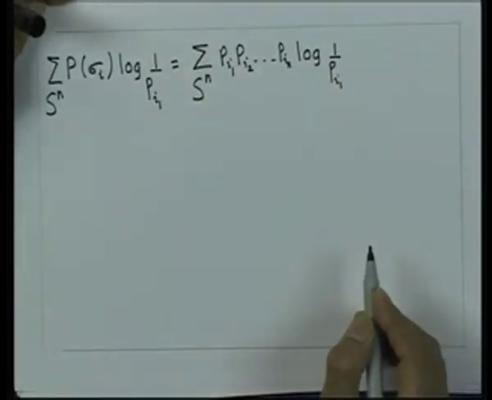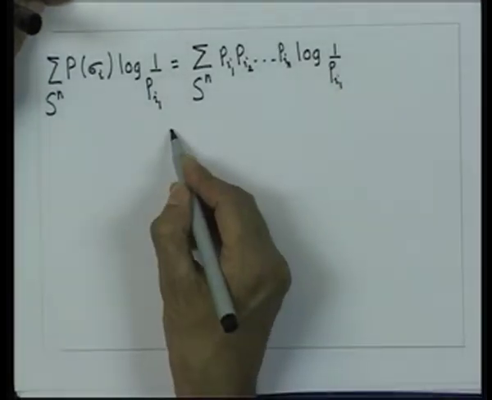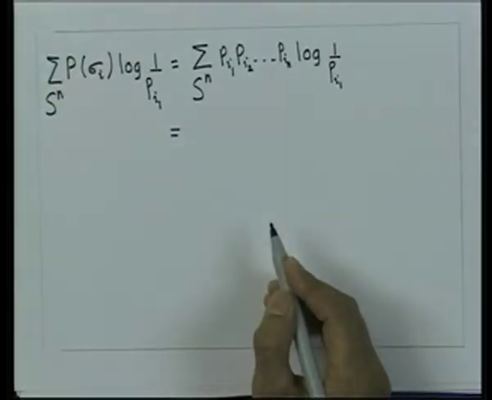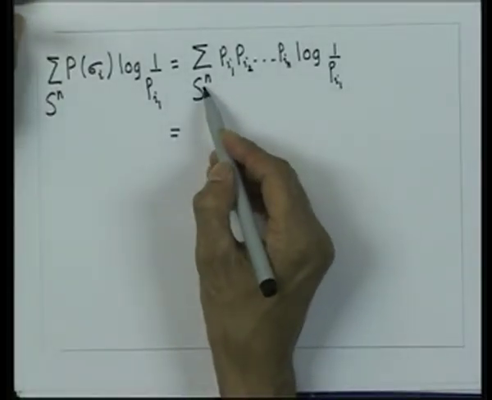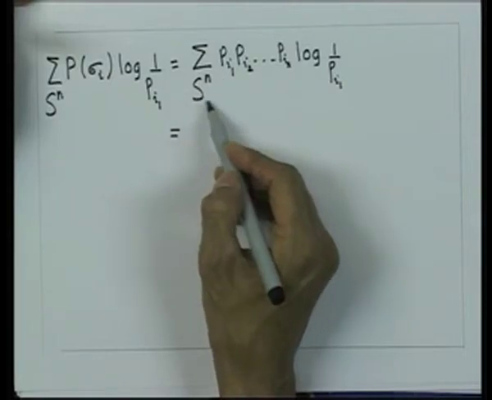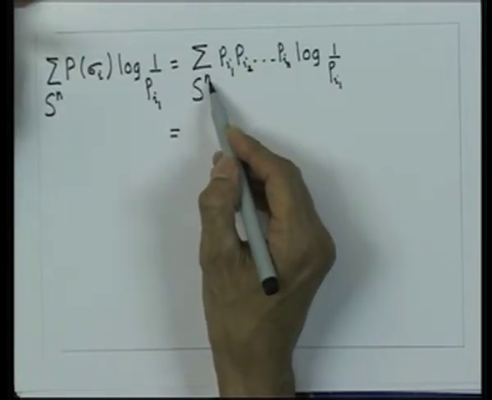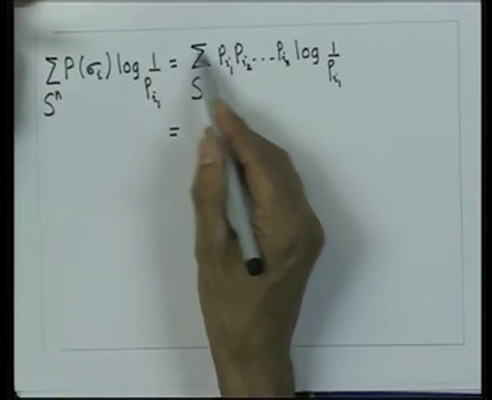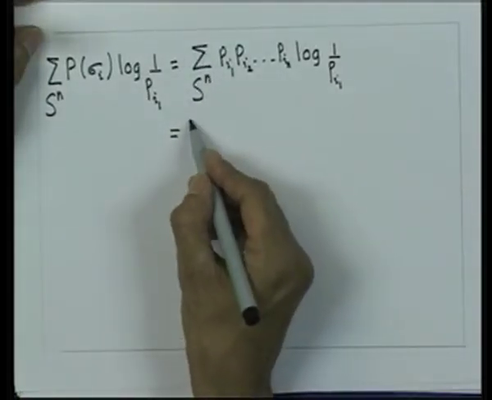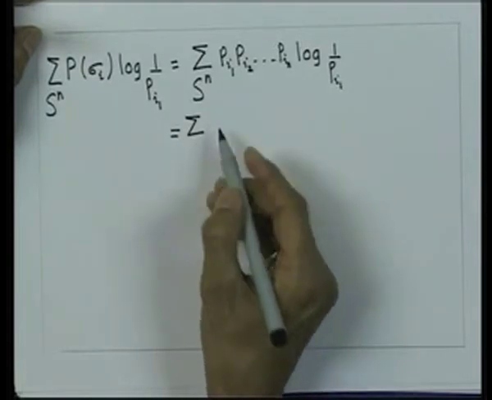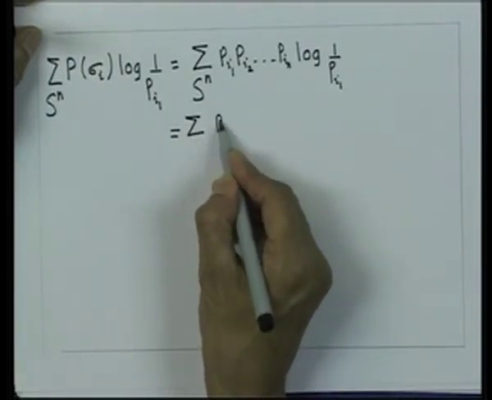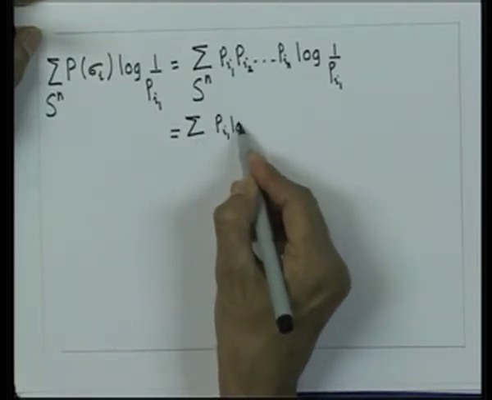This summation will be done over the alphabet S^n. Now, this summation itself can be broken up into n summations as follows.